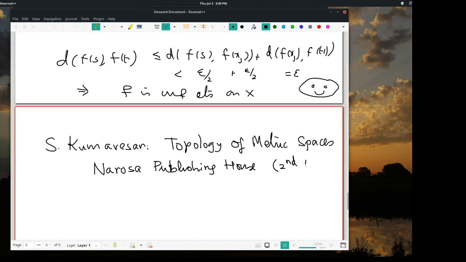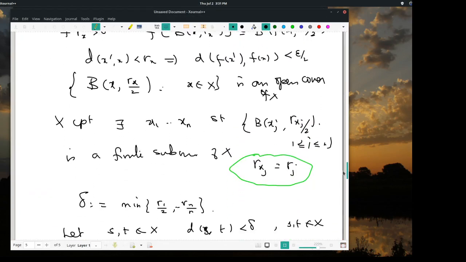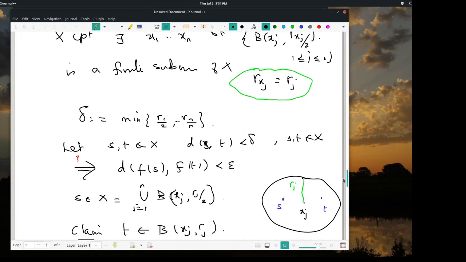And I suggest the second edition, that's the only one available. And what we did was Theorem 4.29. So that's the end. Go through this, you can see the proof is actually very easy after a false start.